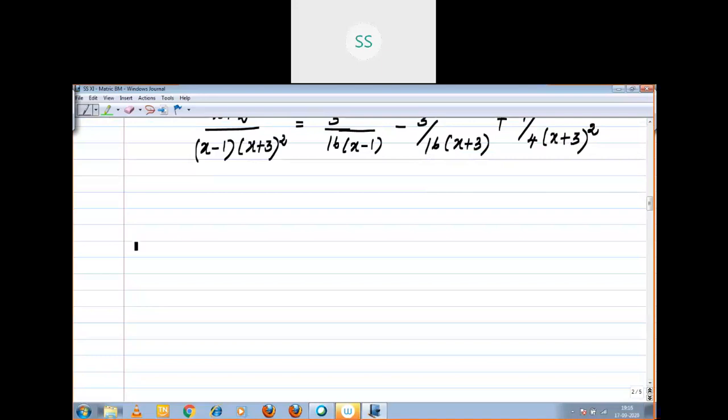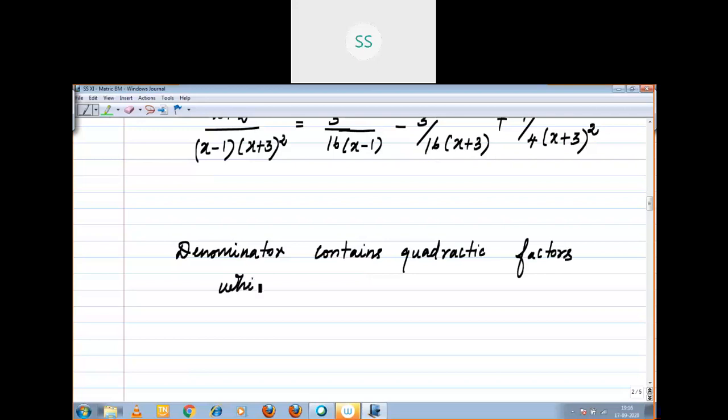The third category is nothing but the denominator contains quadratic factors which cannot be factorized into linear factors.